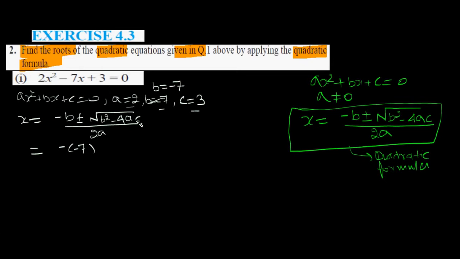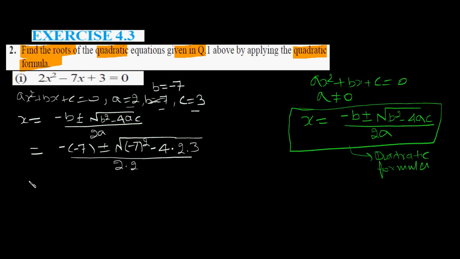So we put minus into minus 7, plus minus square root of b square, where b is minus 7, minus 4 into the value of a, which is 2, and the value of c, which is 3. This whole expression is divided by 2 into a, where the value of a is 2.